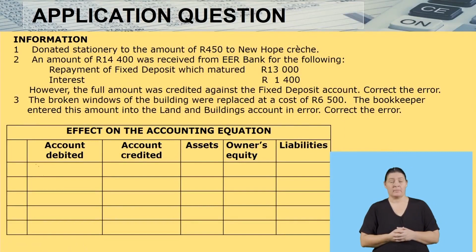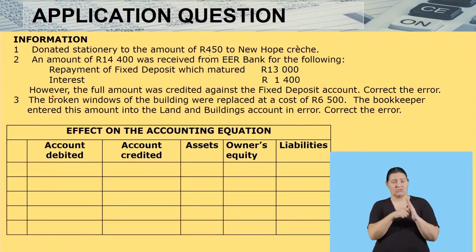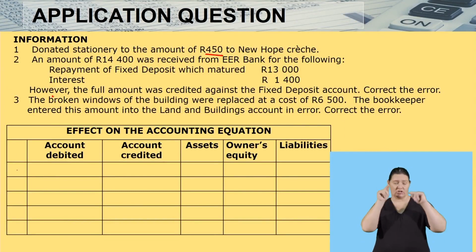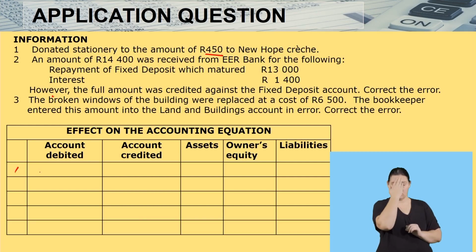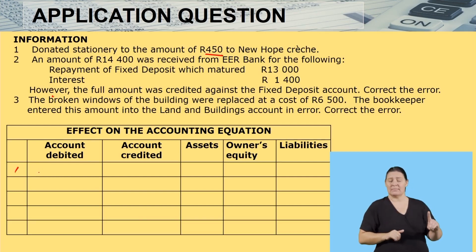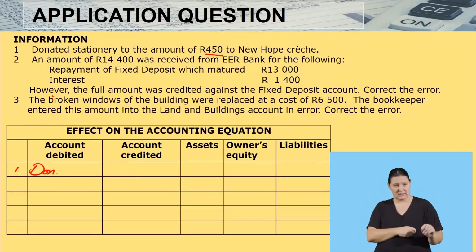Number one, it says donated stationery, and the stationery is for 450 to New Hope Crash. We need to know the account to debit. Once we have made a donation, we'll debit donations, which is an expense. So it is donations.